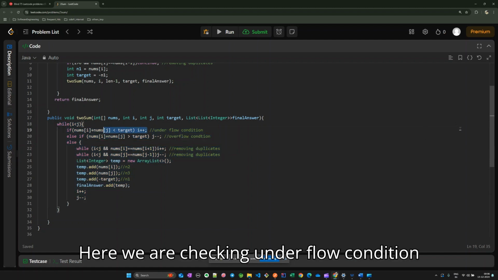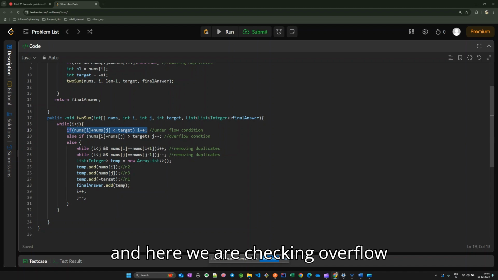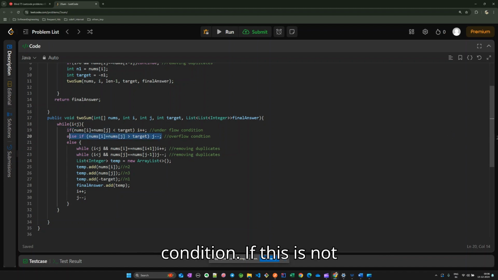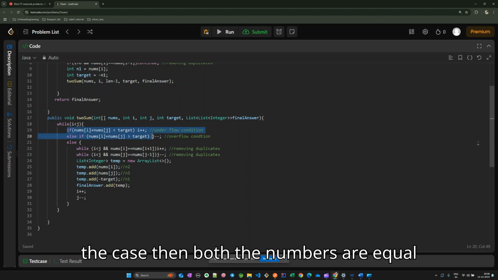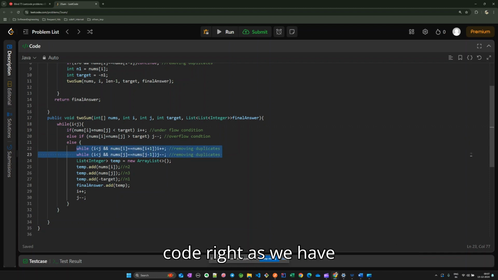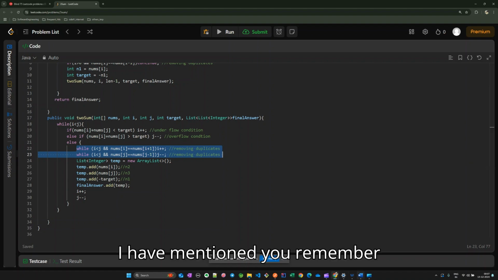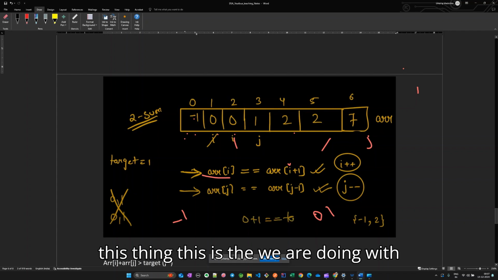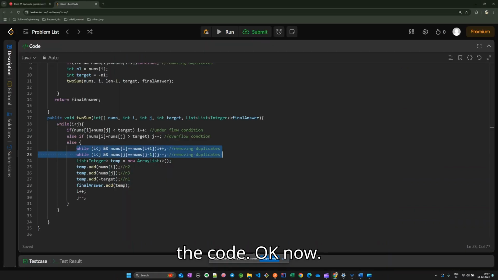Here we are checking the underflow condition, and here we are checking the overflow condition. If this is not the case, then both the numbers are equal, and we are removing duplicates by this code, right? As I have mentioned here. Remember this thing.